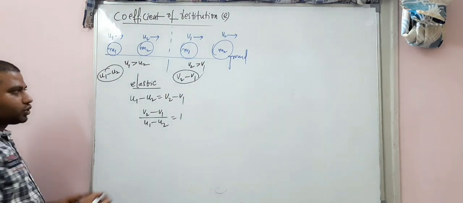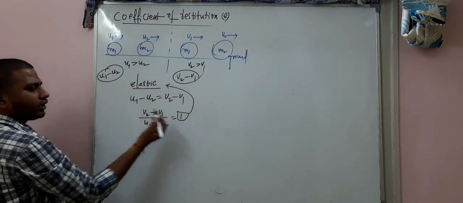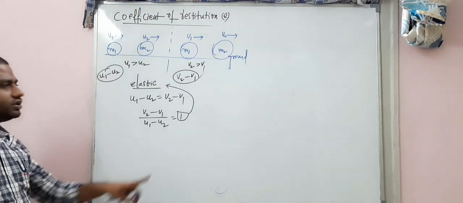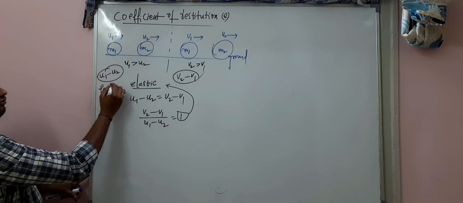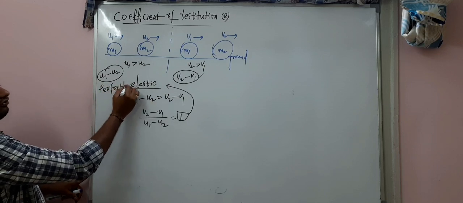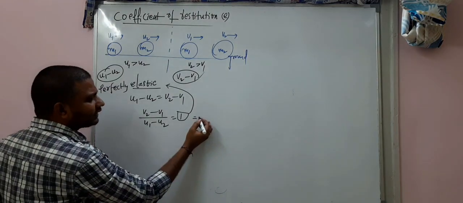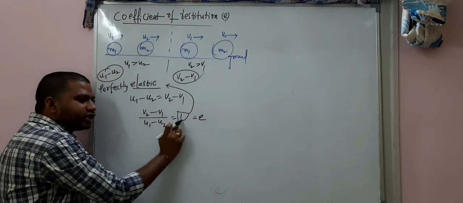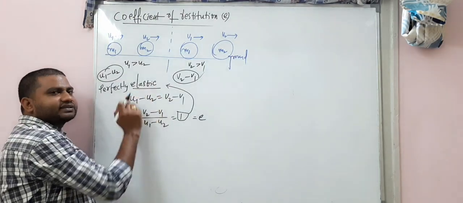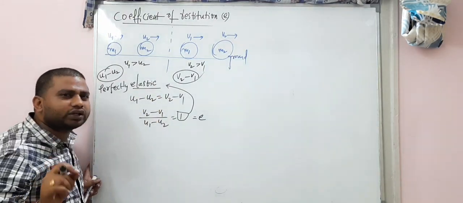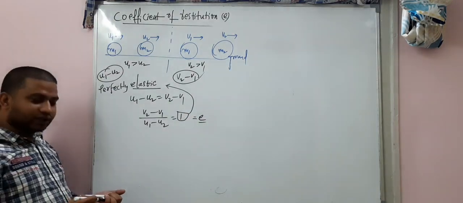In an elastic collision, what is the coefficient of restitution? That is 1. This is one type, so that's called a perfectly elastic collision. So this 1 I can equate to e, because in a perfectly elastic collision this quantity becomes 1. That's the coefficient of restitution, my dear students.